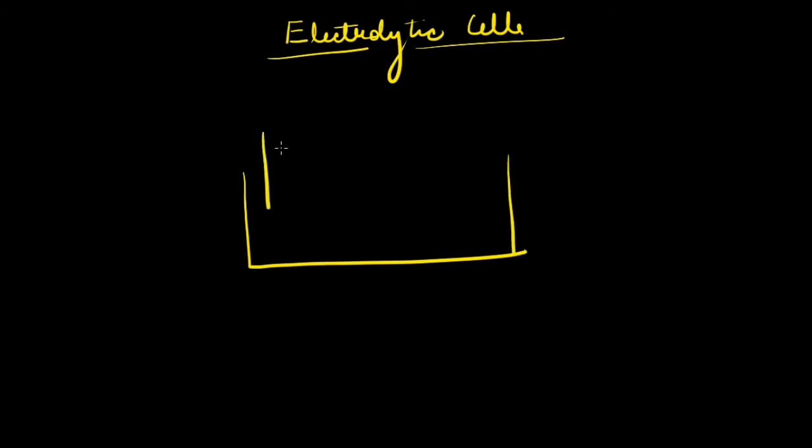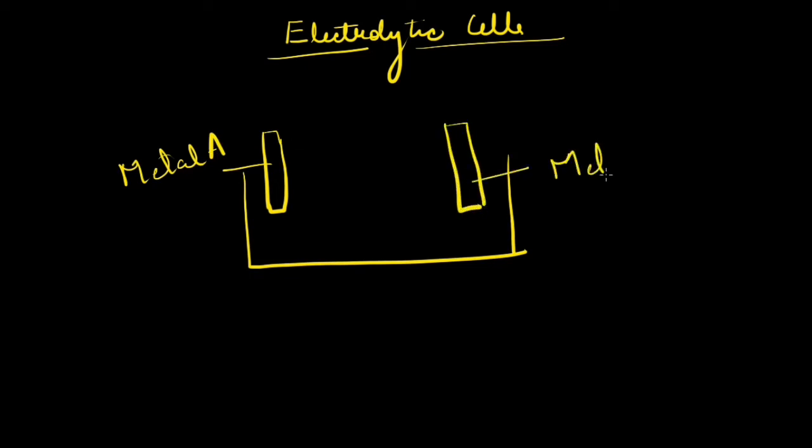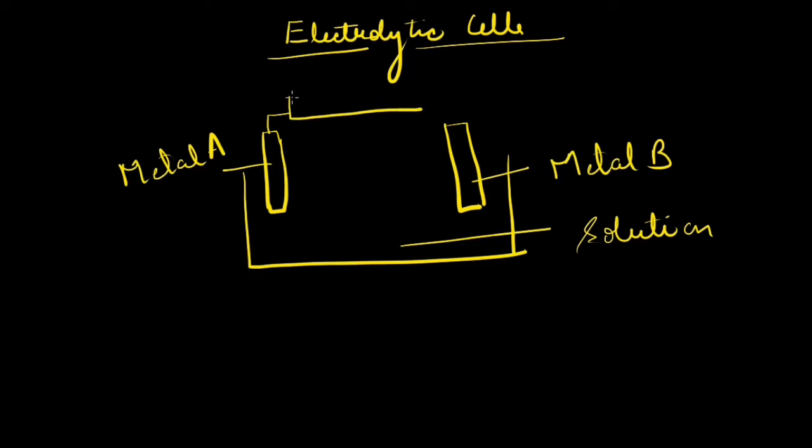Let's say the first metal is this, metal A, which is to be electroplated on the other metal, metal B. And inside this container, we take a solution which allows electricity to pass through it and hence helps the electricity to produce the desired chemical reaction. So electroplating is a type of chemical reaction and therefore we need chemical energy for this chemical reaction to happen. Here this chemical energy is provided by electrical energy.